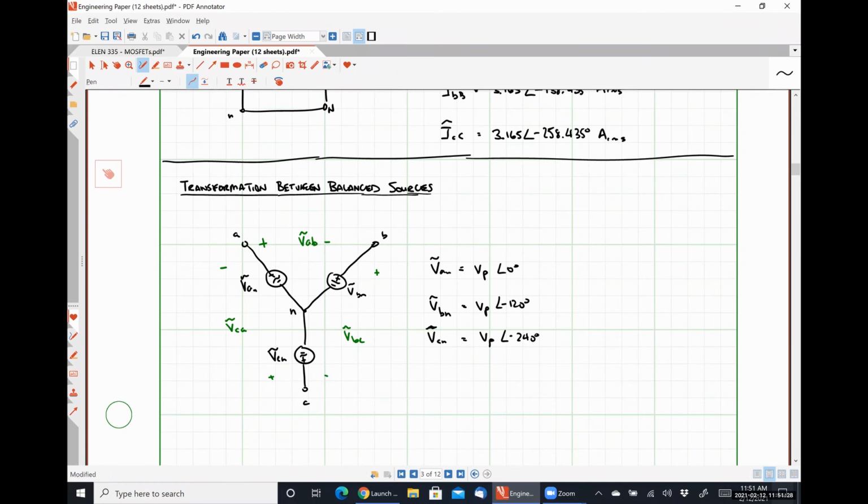Then our line voltages, VAB is just VAN multiplied by root 3 angle 30 degrees.